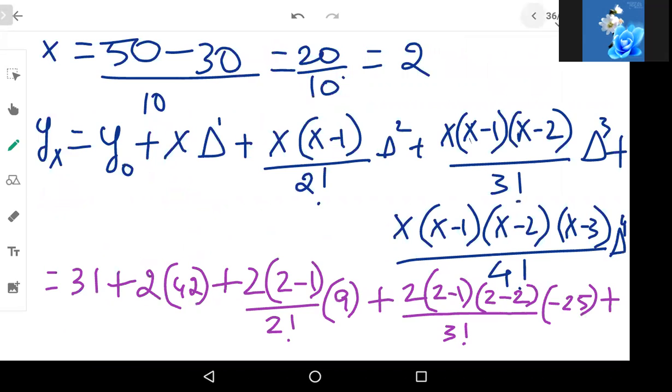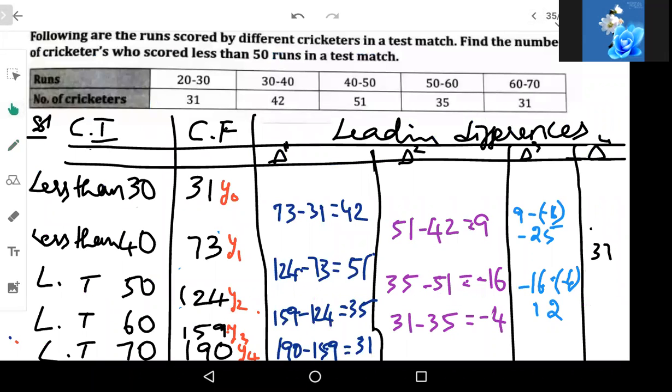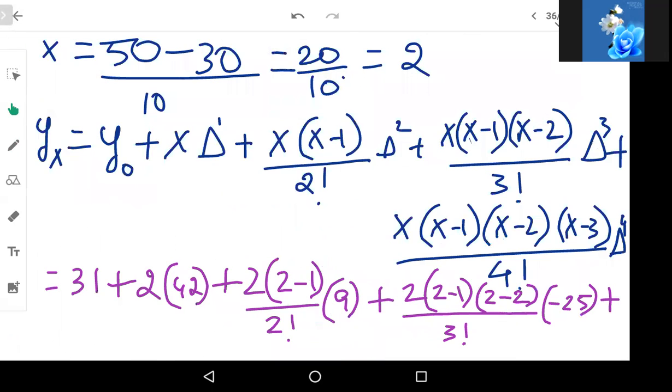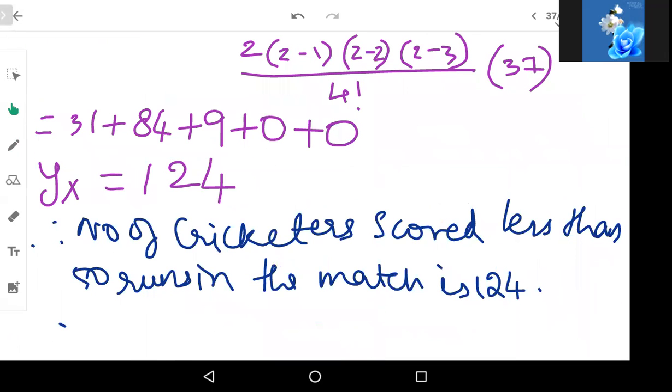See the question: runs, number of cricketers. For runs less than 50, we got 124 cricketers who had scored in the test match less than 50 runs. Okay, so that is your problem when they have given you the class intervals.